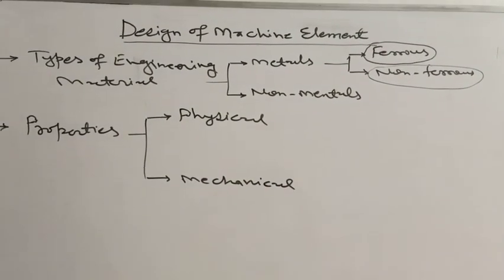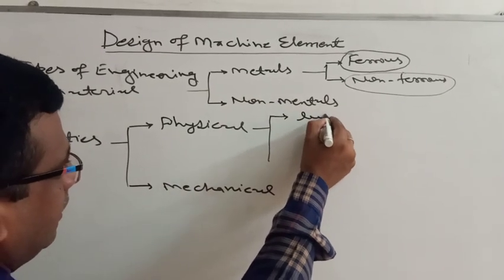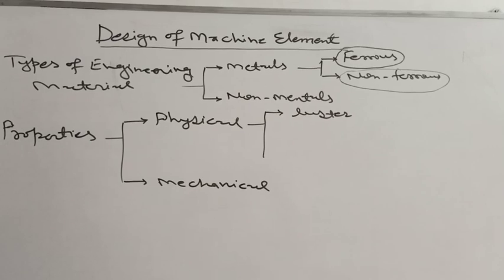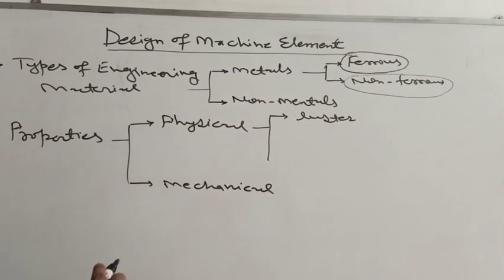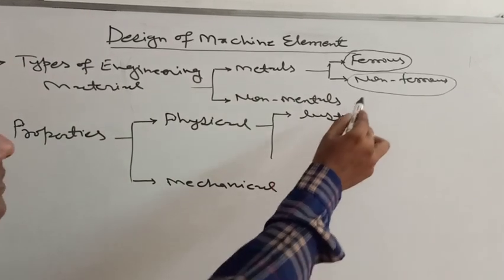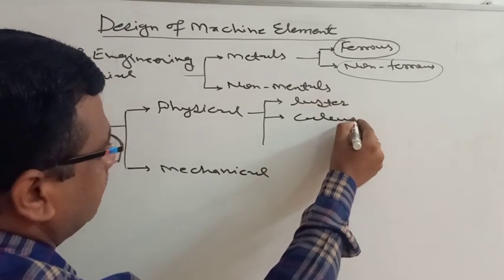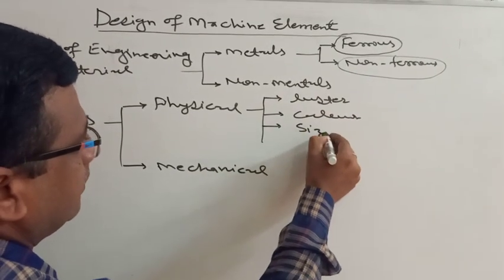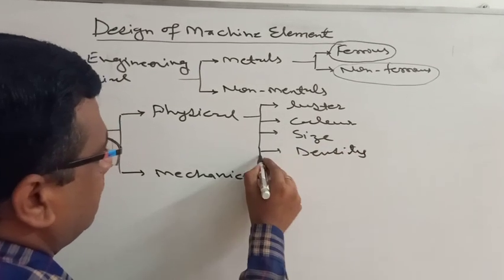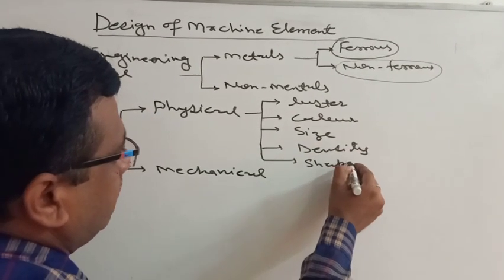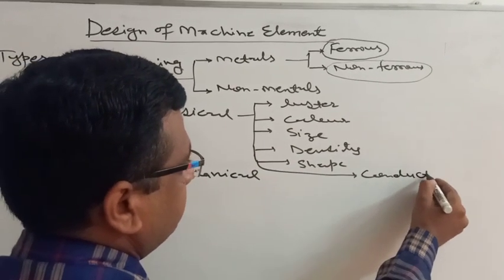The various physical properties include luster, which means the illumination of the material, then color, size, density, shape, and also conductivity.